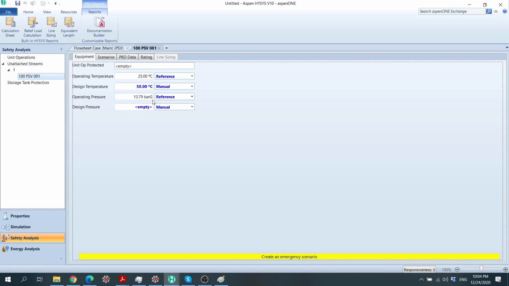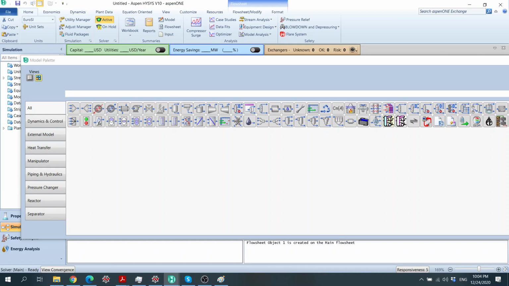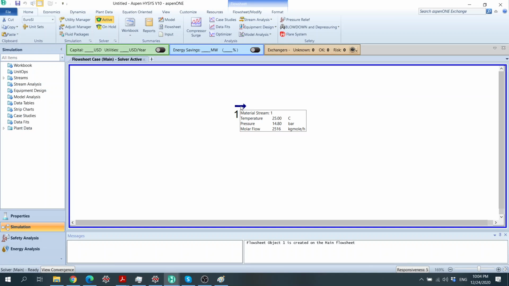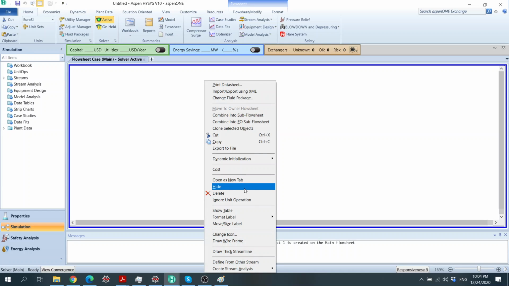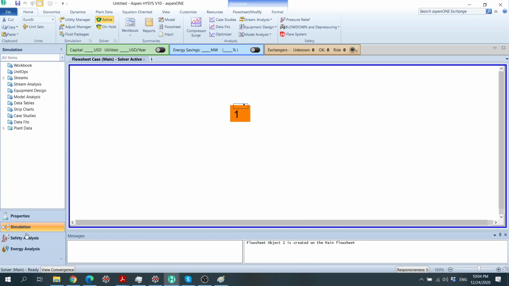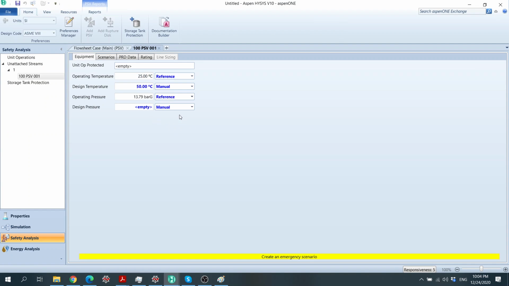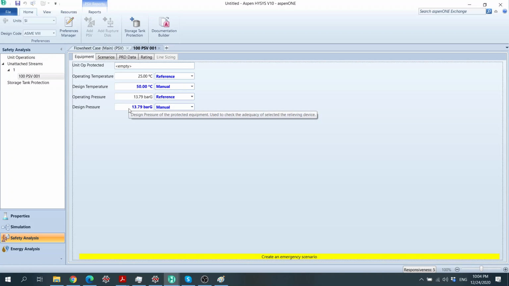Operating pressure 13.78 bar gauge, which is 14.8 bar absolute. Yeah, 13.8 bar gauge, and then the design pressure as well, 13.28 bar gauge.